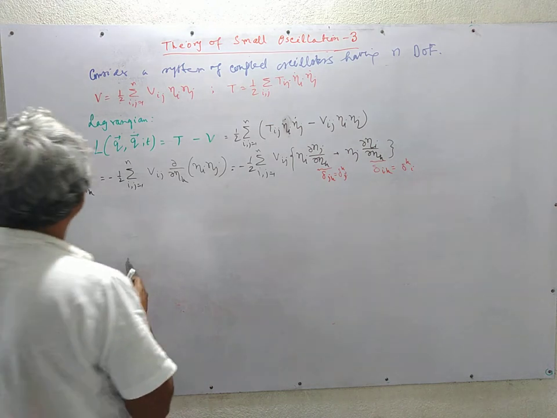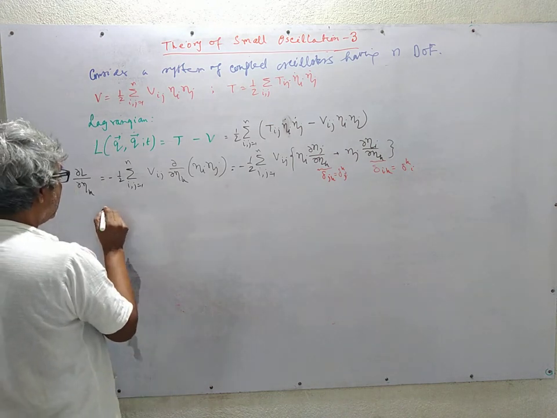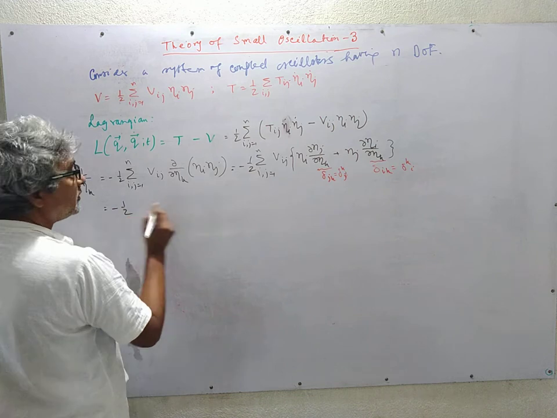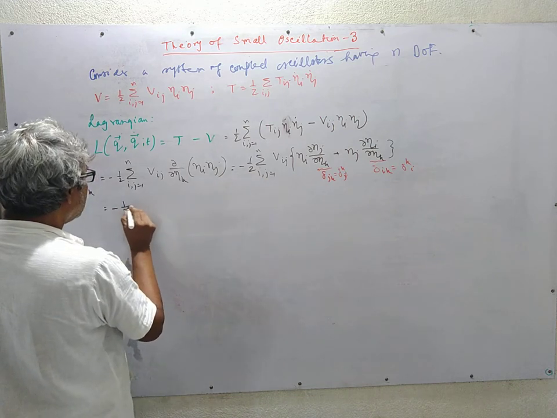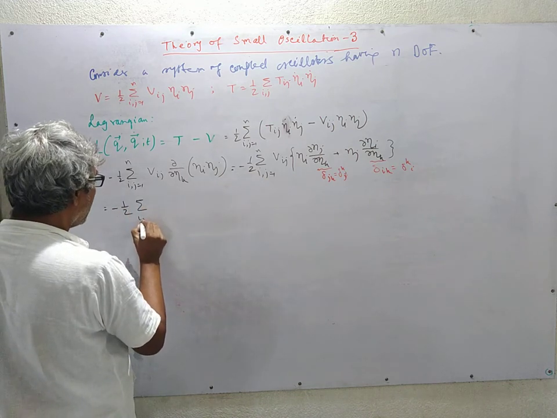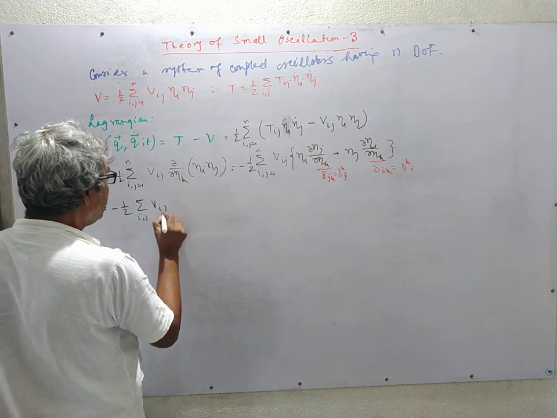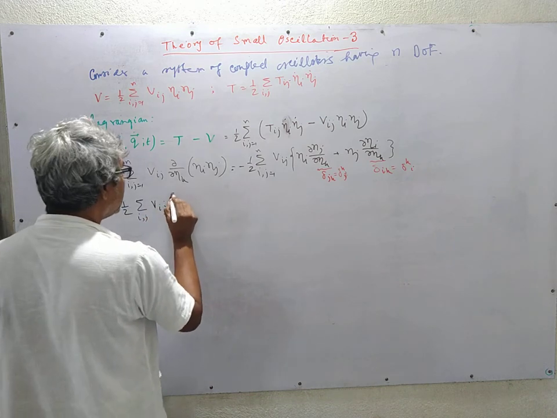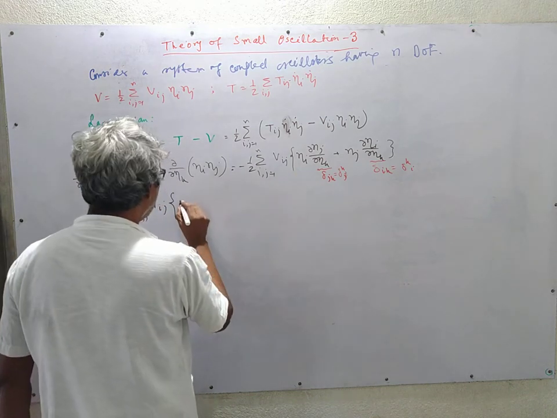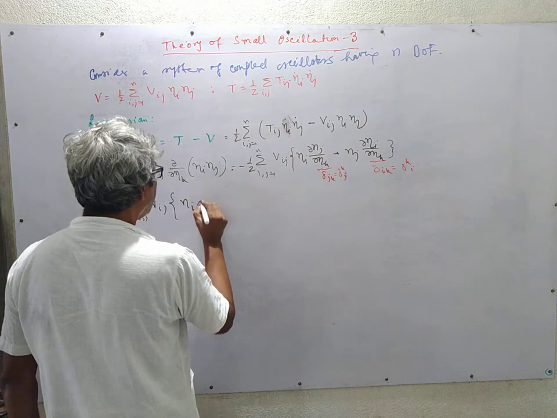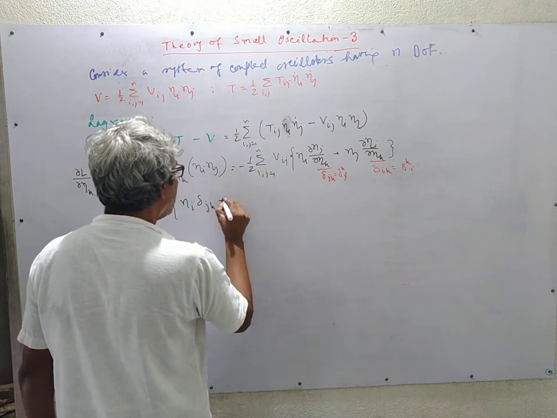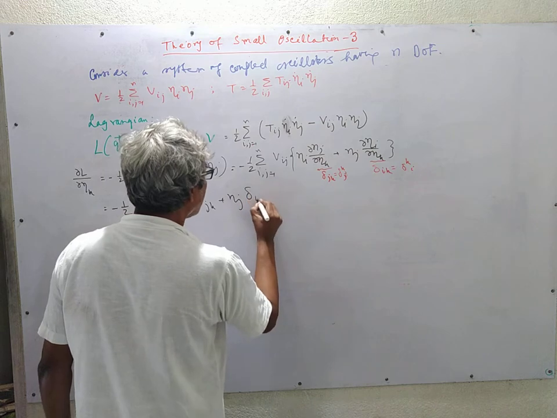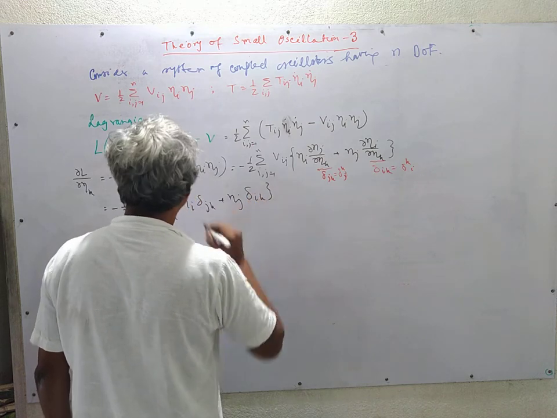Coming back to the expression, this is minus half summation over i, j, V_ij. Then we have from this eta i delta of jk plus eta j delta of ik.